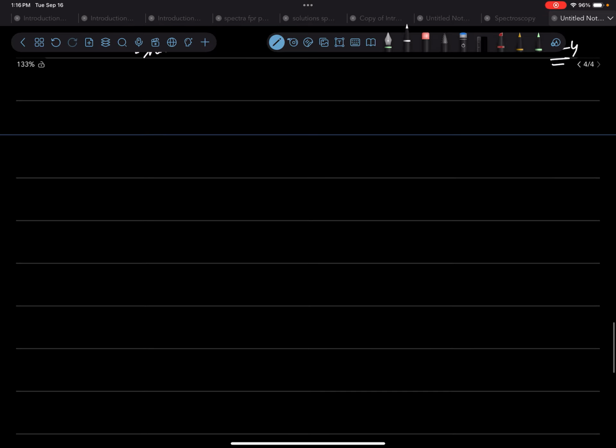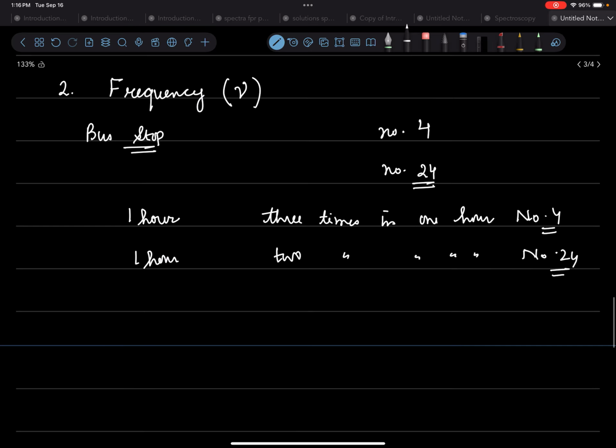So what is a frequency? It is the number of times a wave passes through a certain point in a unit time.